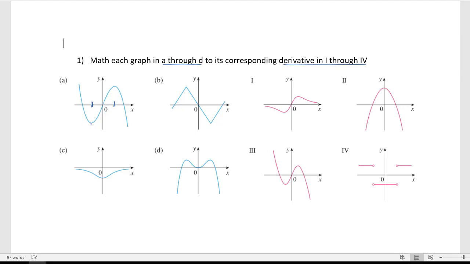These have slopes that are 0. So those are going to be x-intercepts on my graph. Now if I come over here, I can see here's x-intercepts on my graph that correspond to that. I also see x-intercepts on this graph that correspond to that same behavior.